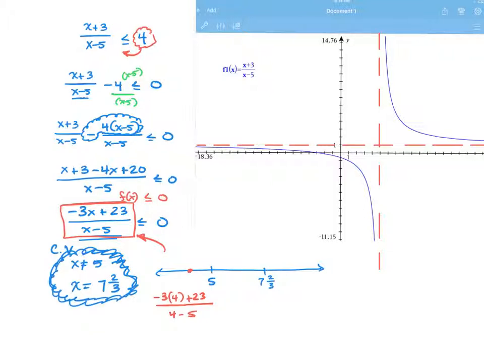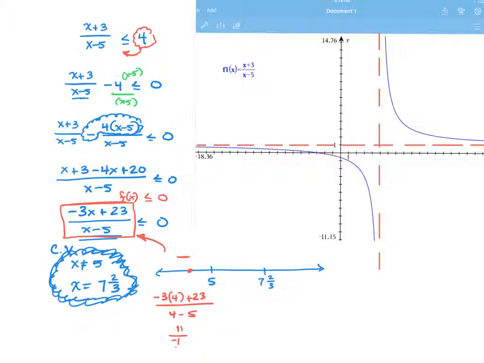That becomes negative 12 plus 23, which is 11. 4 minus 5 is negative 1. 11 divided by negative 1 is a negative number. So the sign to the left of 5 is negative, which means it is less than 0. That is extremely important. My sign analysis is proving to me that x values that are less than 5 are going to fall underneath the value of 4.